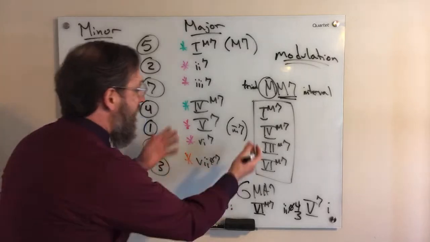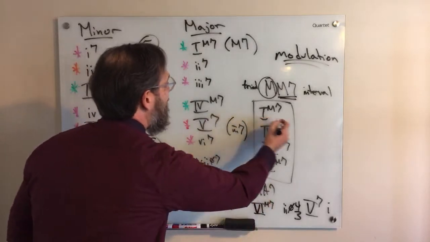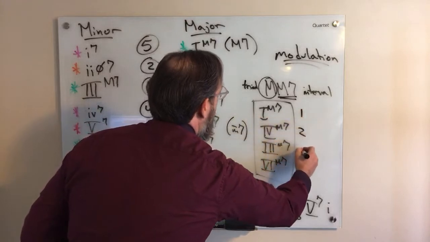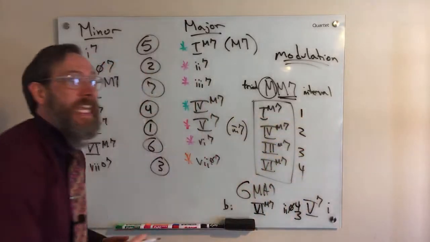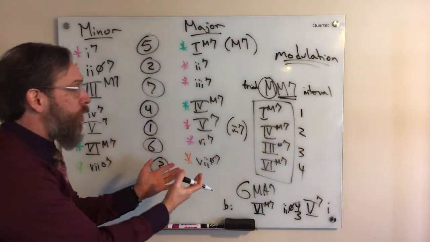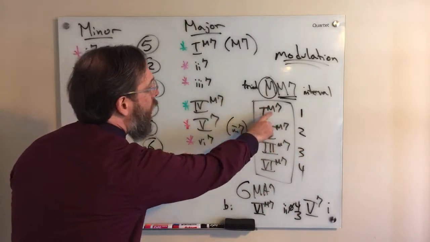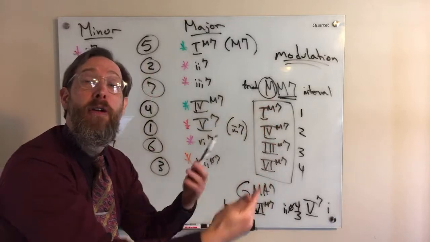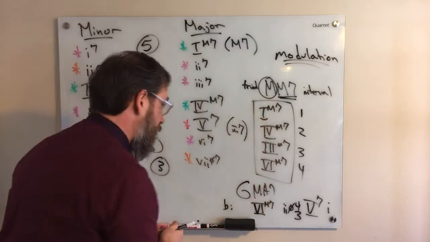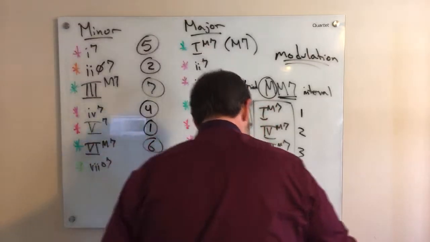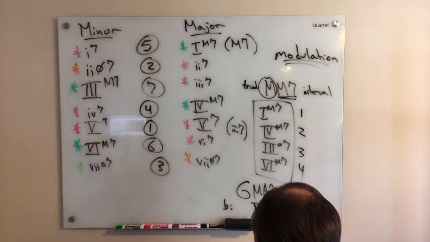We know that any major 7 sonority exists in exactly 4 different keys. So I play a G major 7, I can go from one of these to any other of the 3.